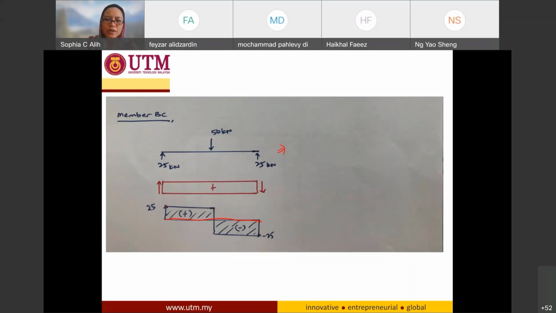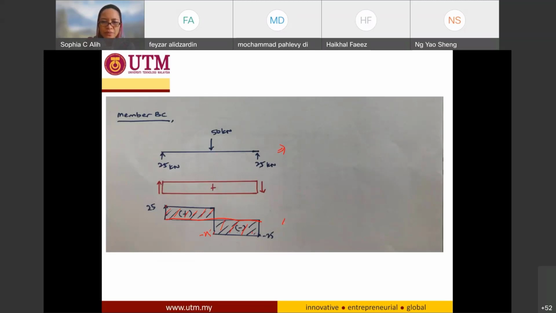So I go to this one, and this one is going to be negative 25. Since there is no load between these 2 points, I just have to make a straight line for these 2 points. So I have a shear force diagram with positive area and also negative area on the second half of my member BC.